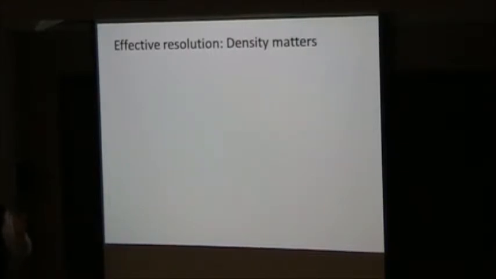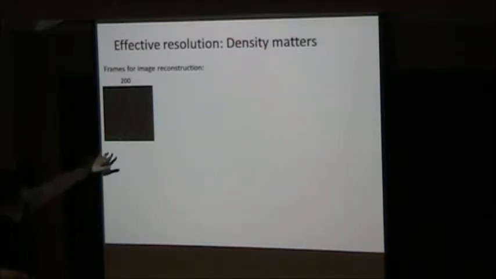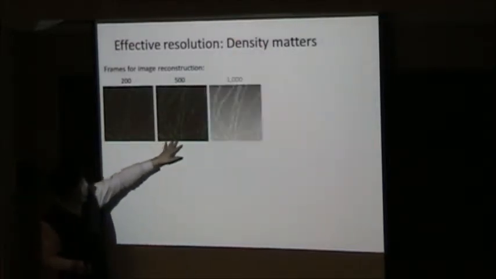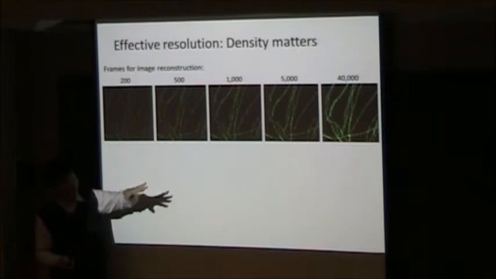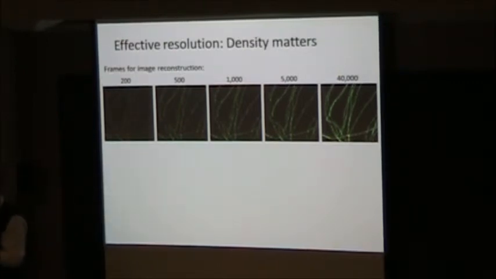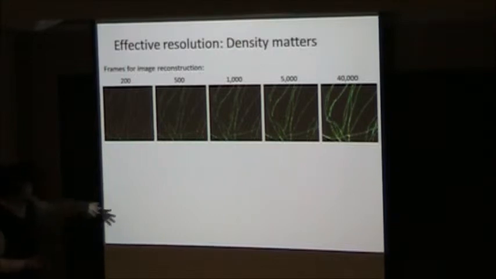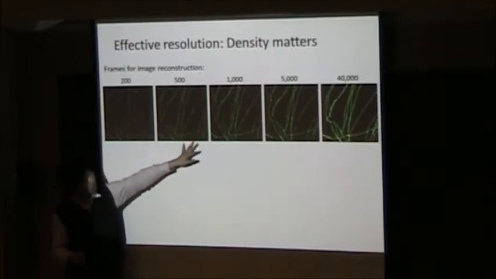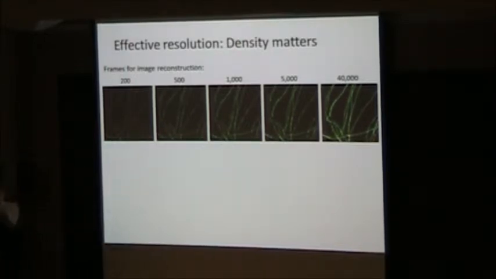If we're not using the whole 40,000 frames, instead we're using, say, 500 frames, we definitely have fewer points. And if we use 200 frames, 500 frames, 1,000, 5,000, 40,000 frames, you can see with more points, the image looks better. And at about 500 frames, you can start to resolve individual microtubules very reliably.